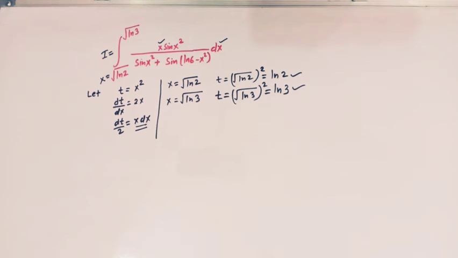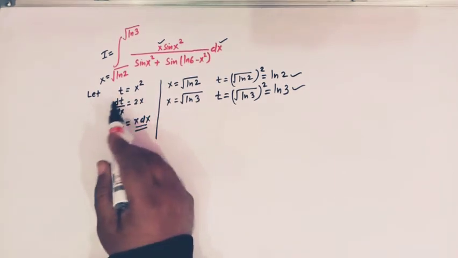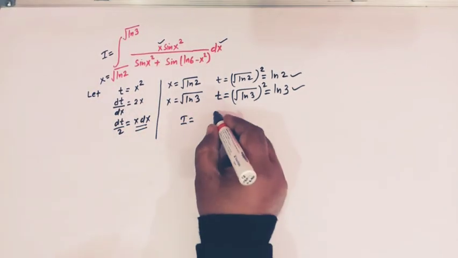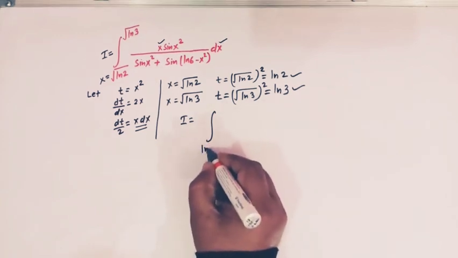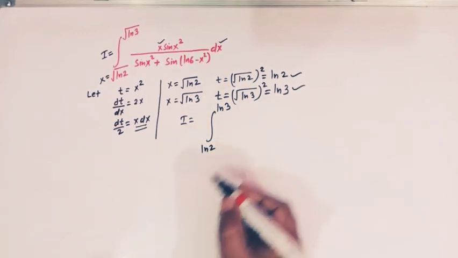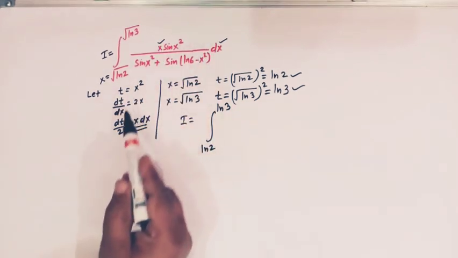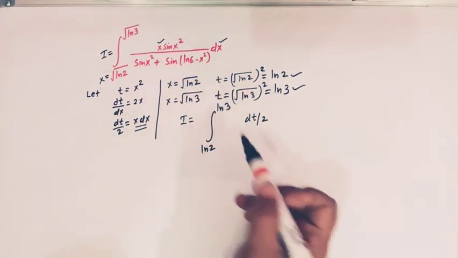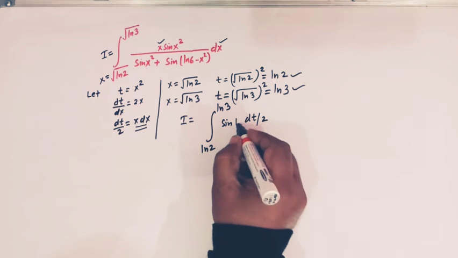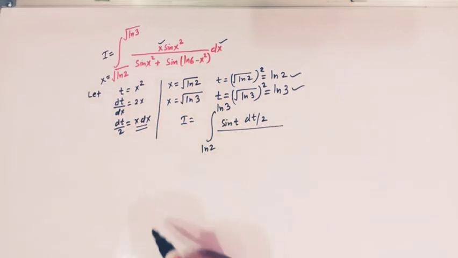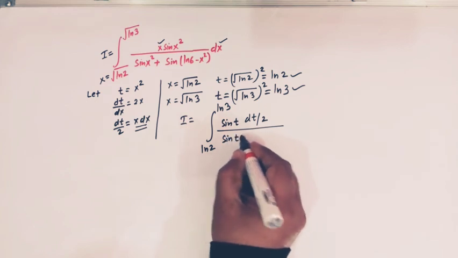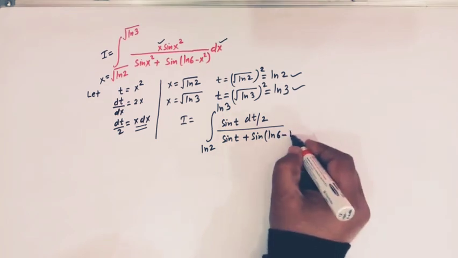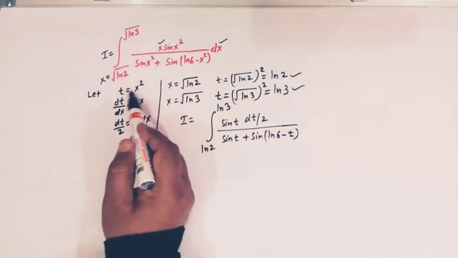Once we have made this substitution, we can reduce this integral to the integral from ln 2 to ln 3, where x dx becomes dt/2, and sin(x²) becomes sin t, and in the denominator we have sin t + sin(ln 6 − t), because x² is t.